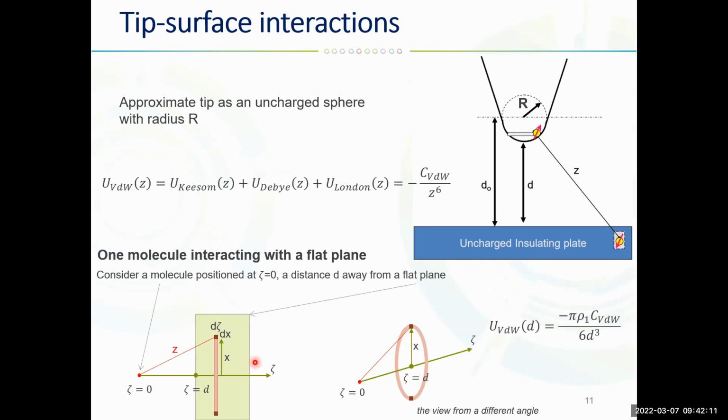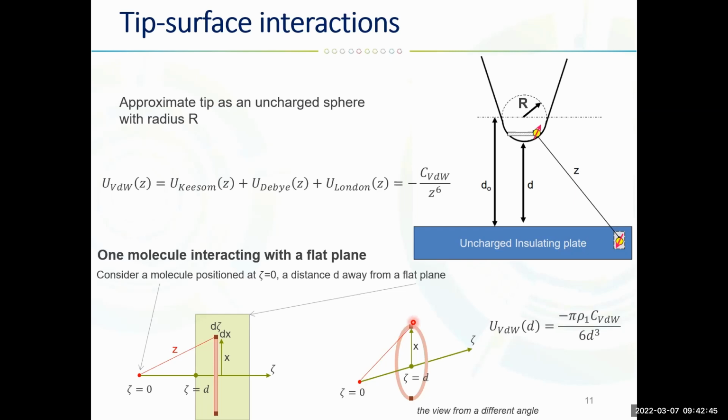We allow the radius of the ring to vary, as we also allow the separation of the plane of the ring from point 0, where we have our molecule. Again, we will neglect interactions between the molecule and all the atoms in this full plane. Let's say the black point here is one atom that belongs to this plane, and we will calculate the interaction between this atom and nothing else.